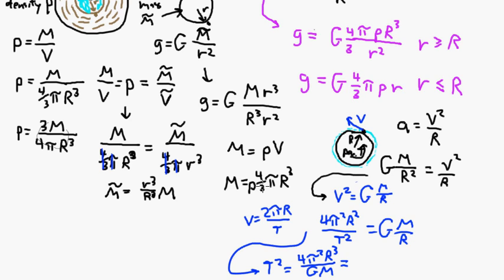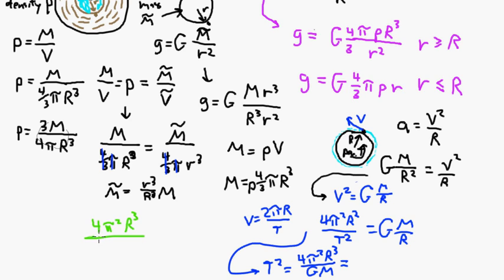Is this right? Hang on, let me just do this in Scratch here. So 4 pi squared r cubed over G, and then big M is going to be rho times 4/3 pi r cubed.